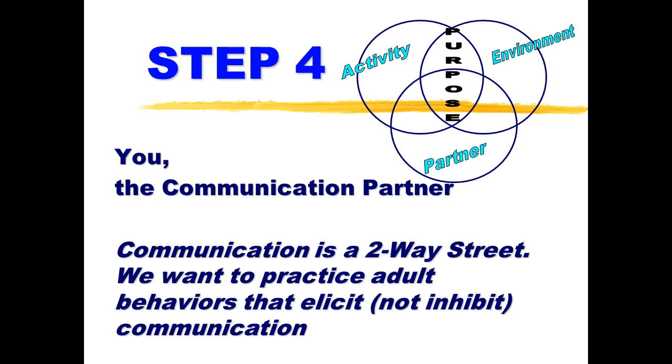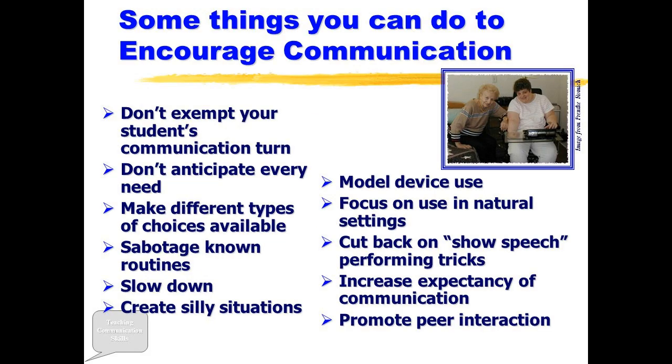And communication is a two-part process. We need to be, as partners, doing things that encourage communication. It can't just be expected to come from our students. You can't take their turn by talking all the time.